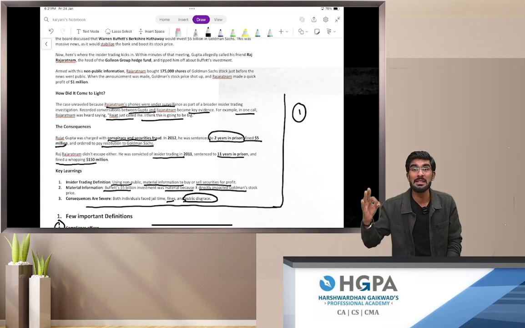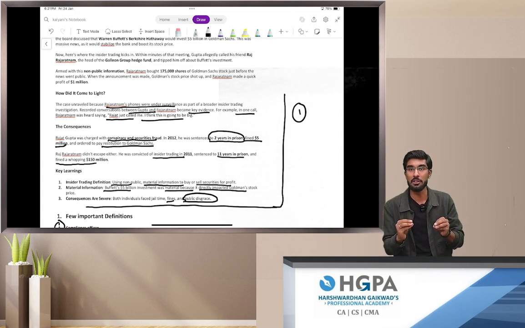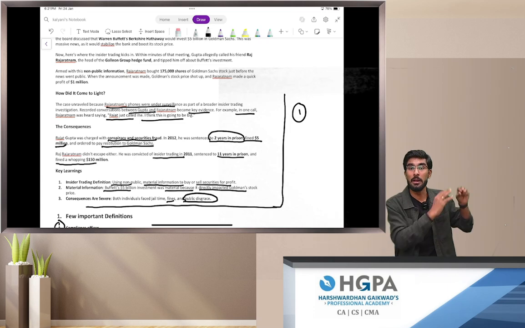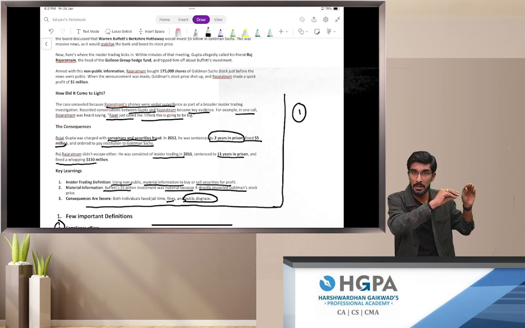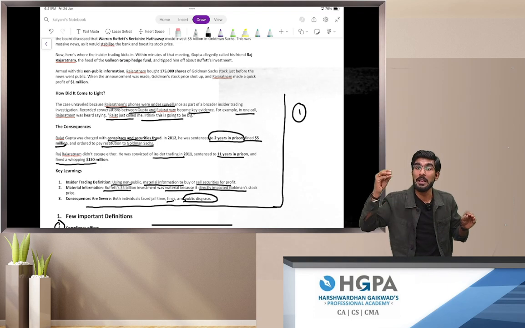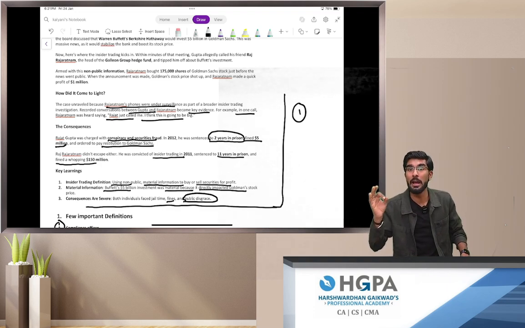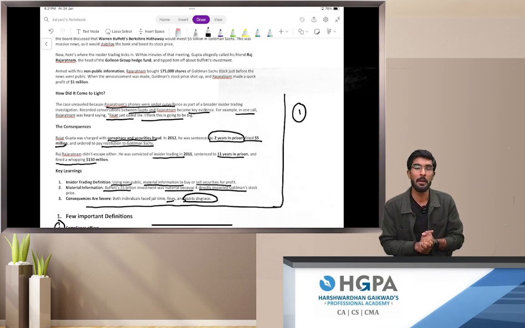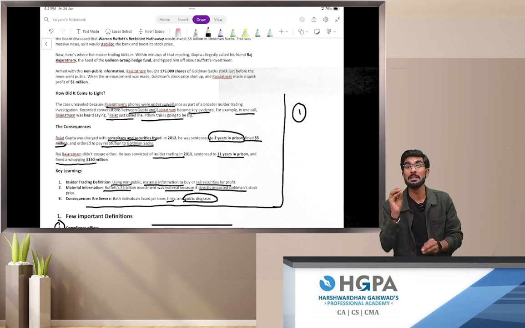Unpublished price sensitive information. That information related to the company or its securities, which can directly or indirectly affect the share price of that company, is called unpublished price sensitive information.